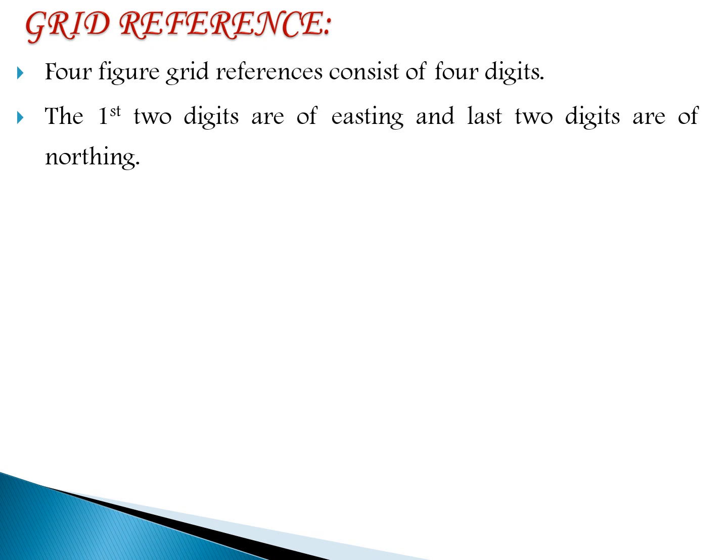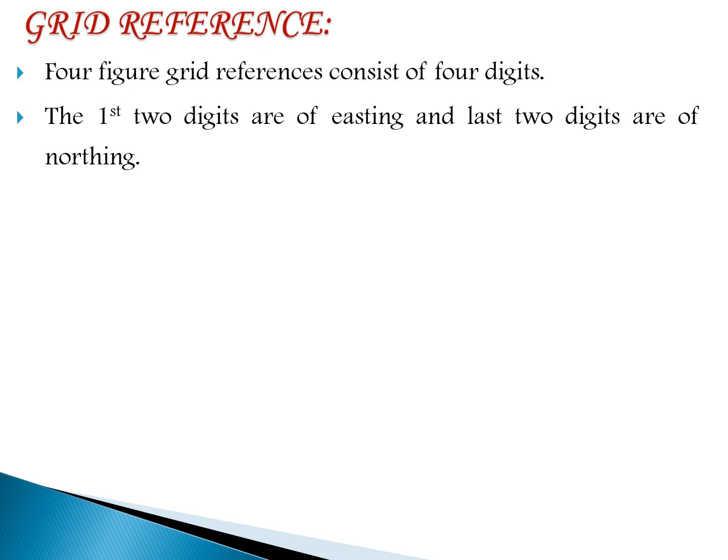For a four figure grid reference, it consists of 4 digits. So the first 2 digits represent the eastings, and the last 2 digits represent the northings. So on some maps it will be given, suppose for example 2530 or 2580, 25 is the easting and 80 is the northing.